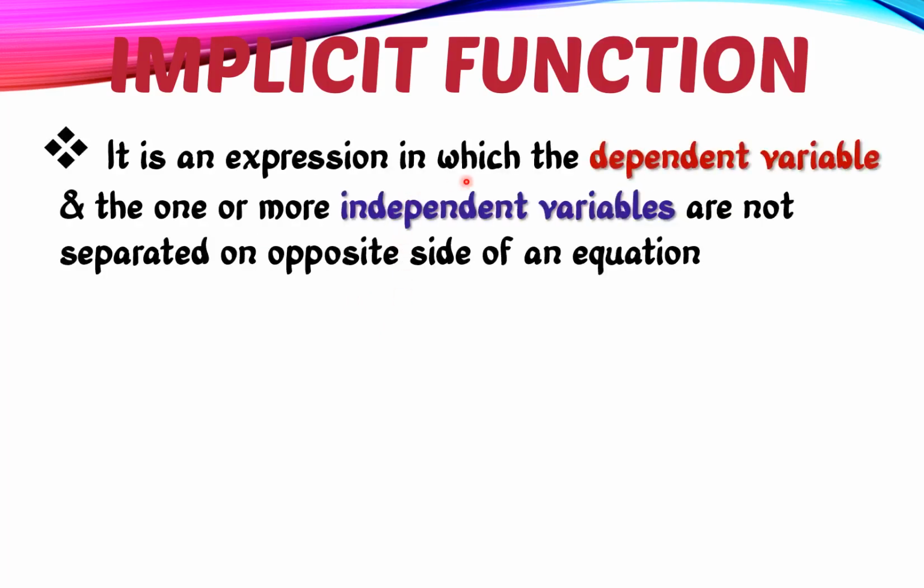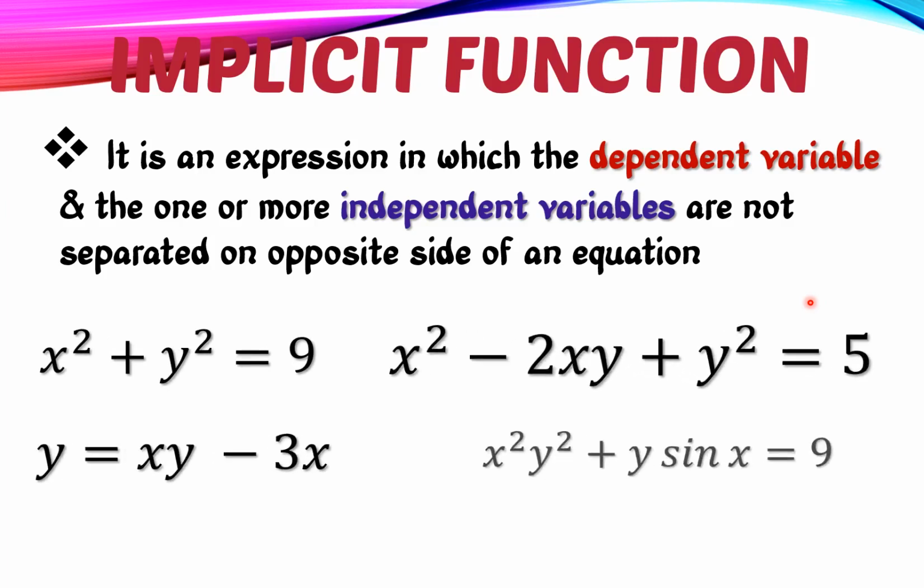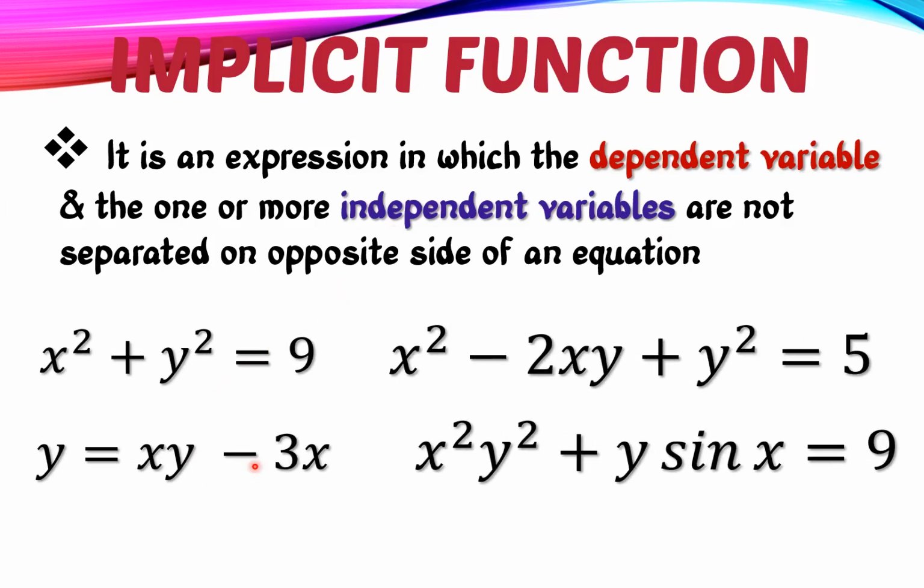For implicit function, it is an expression in which the dependent variable and the one or more independent variables are not separated on opposite sides of an equation. So these are the examples. It contains two or more variables on the other side, and the relationship is not clearly defined.